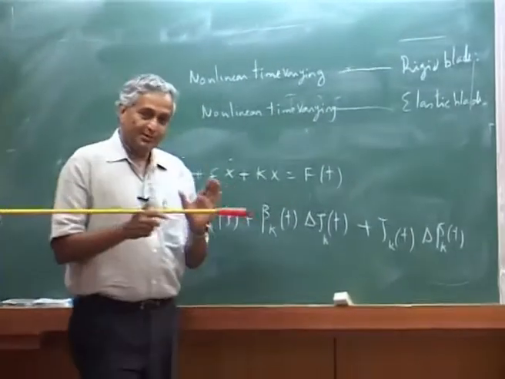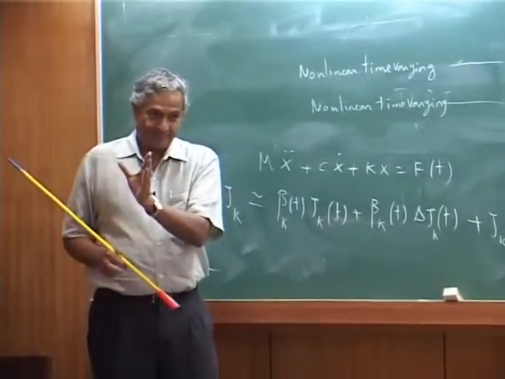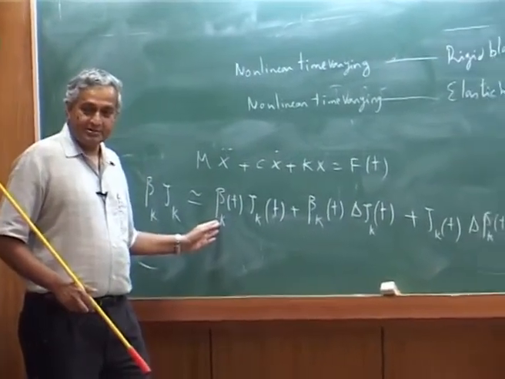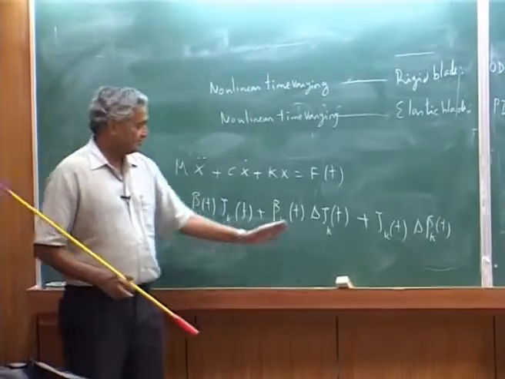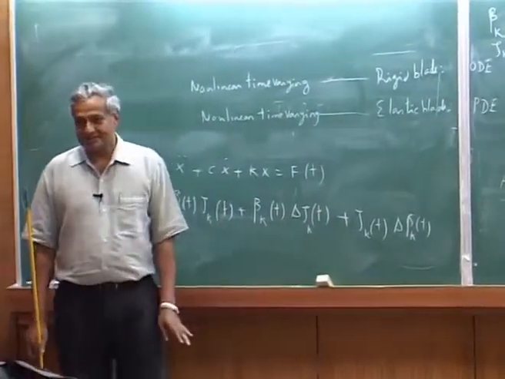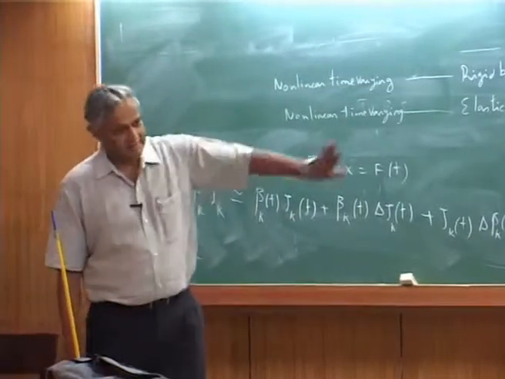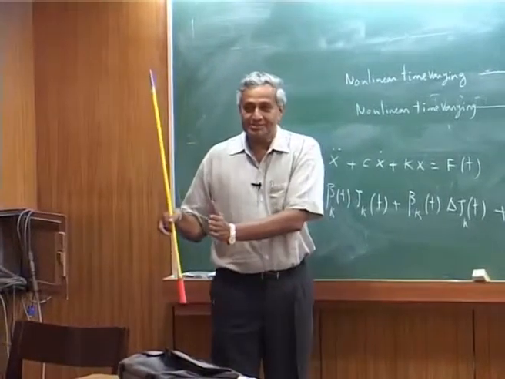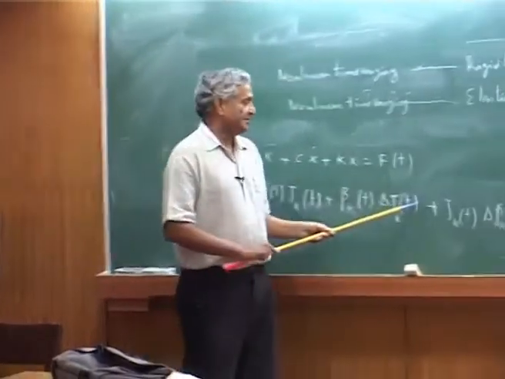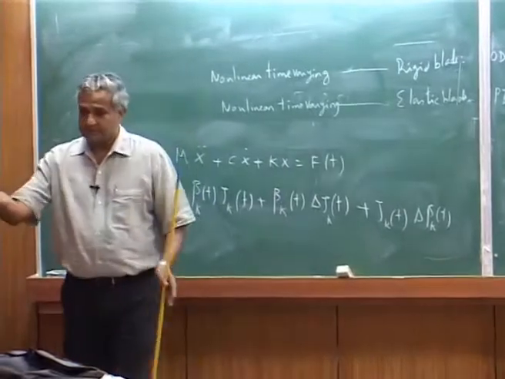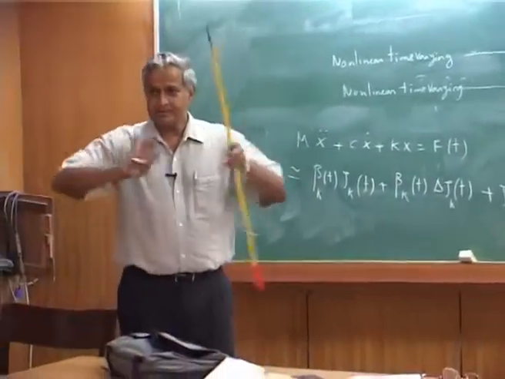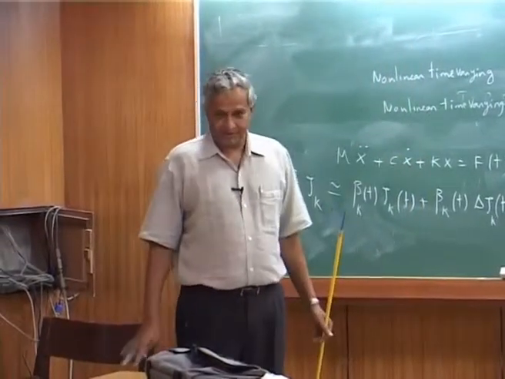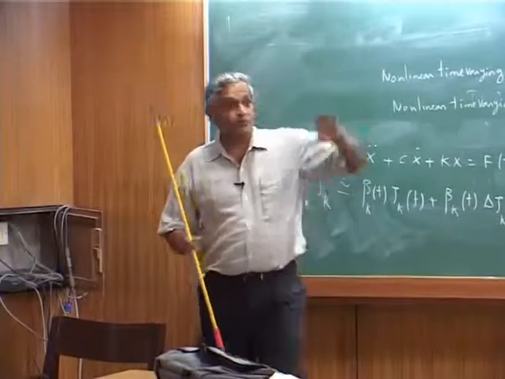Then you collect all the terms which do not have the perturbation quantities. Write that separately. And all the terms which contain the perturbation quantities separately. Set both of them independently to 0. Then you will get two sets of equations.